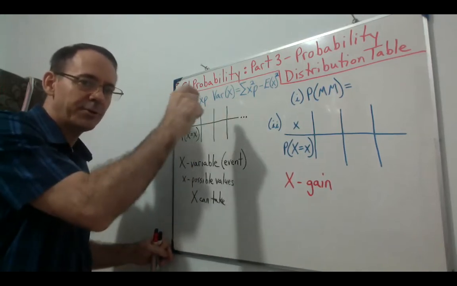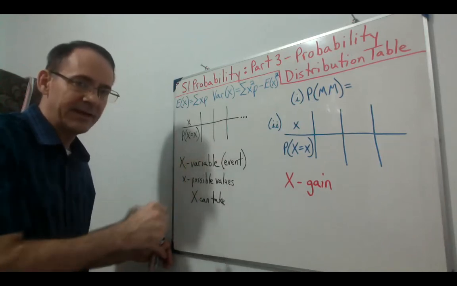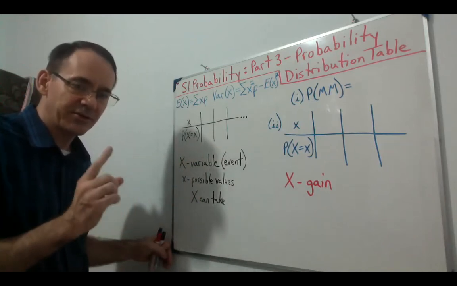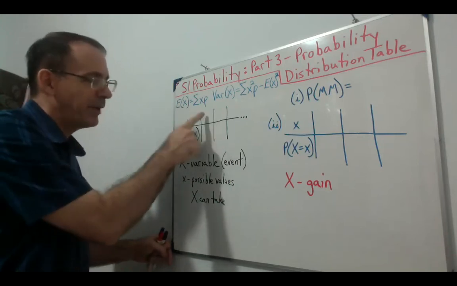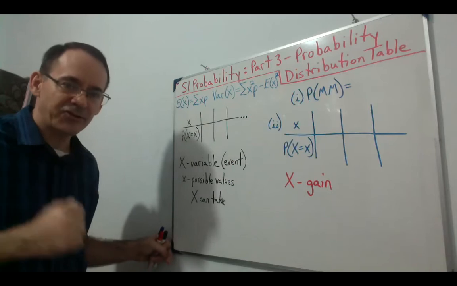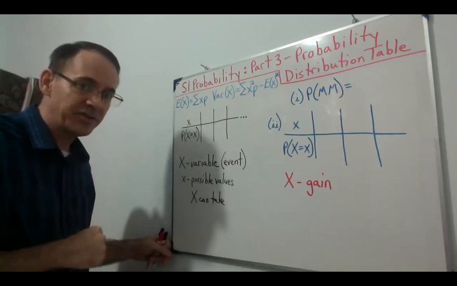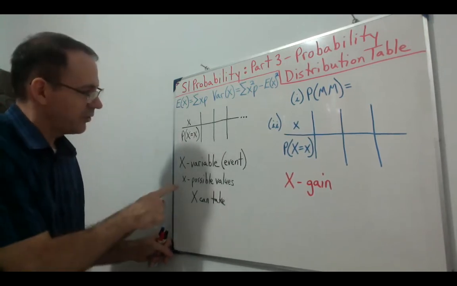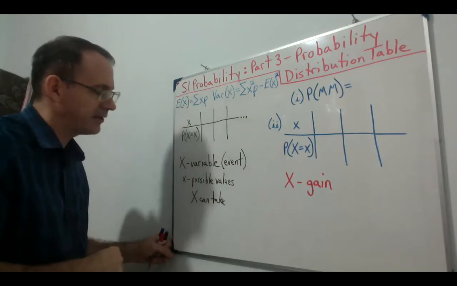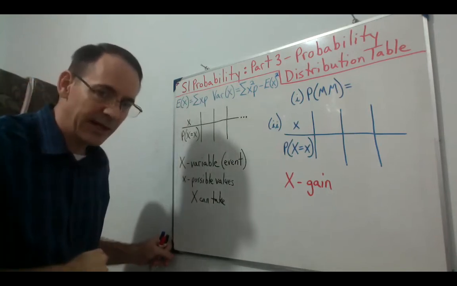All the possible values that can come out of that event. Don't forget to consider the number 0. 0 is sometimes a possible outcome that students often forget. 0 is not always a possible outcome, but you should at least consider it. So the little x are those possible values. That's the first mental process that you have to be able to do.